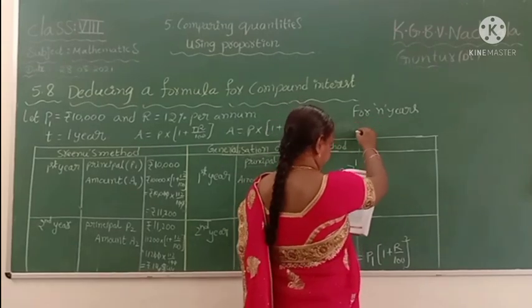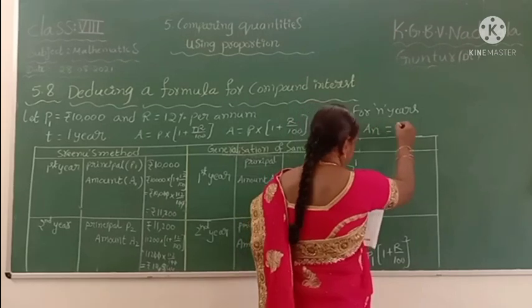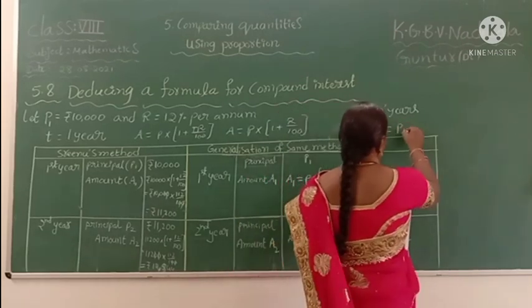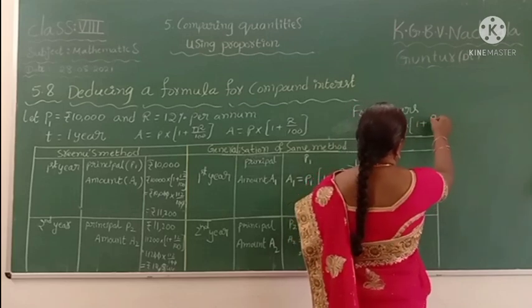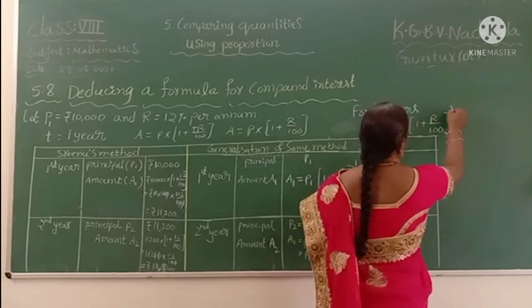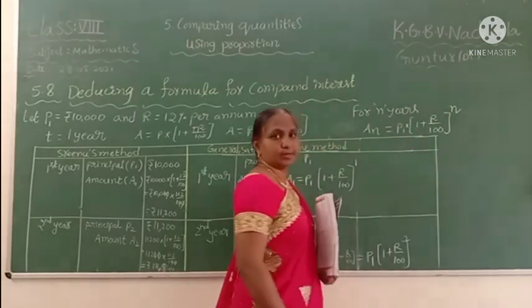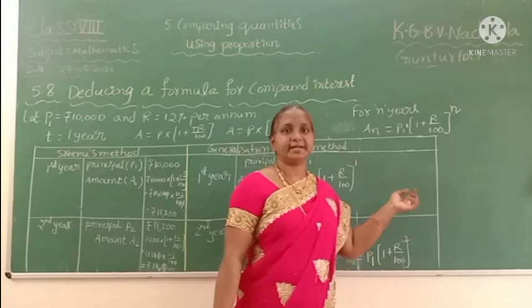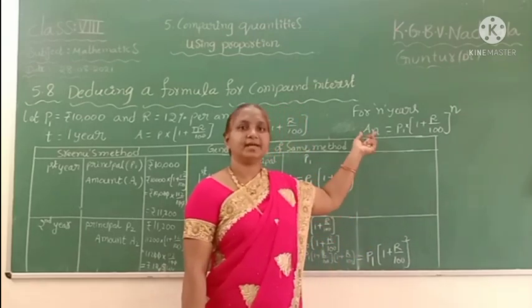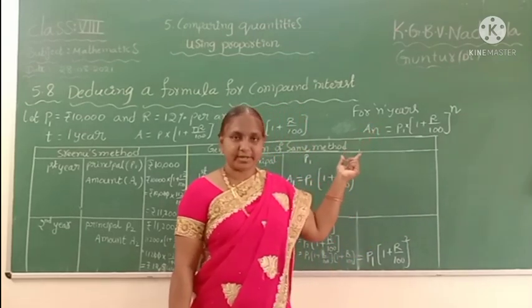By using compound interest, An is equal P1 into 1 plus R by 100 whole power n. We deduce the formula for finding compound interest for n years. Okay. Do you understand, students?